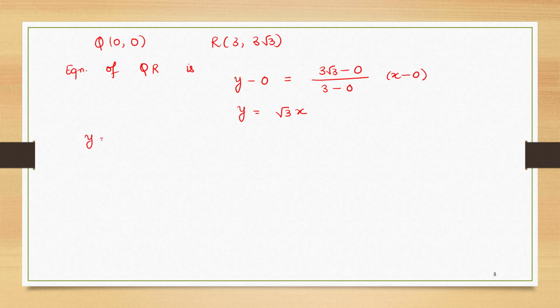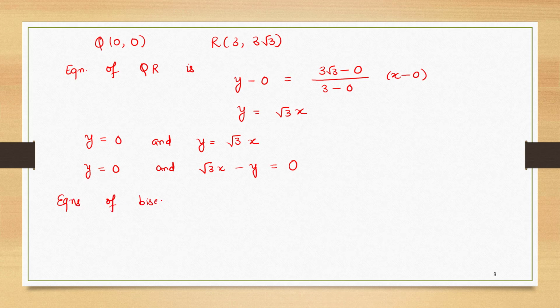So we have two lines, y equal to 0 and y is equal to square root 3x, or y is equal to 0 and square root 3x minus y equal to 0. So equations of bisectors are given by y upon square root of 1 square is equal to plus minus (square root 3x minus y) upon square root of 3 square, that is 3, plus 1 square, that is 1.